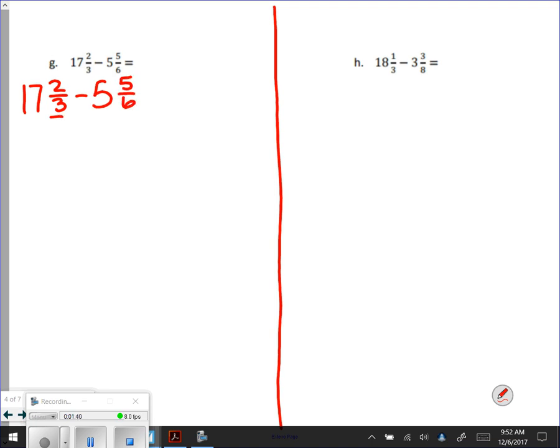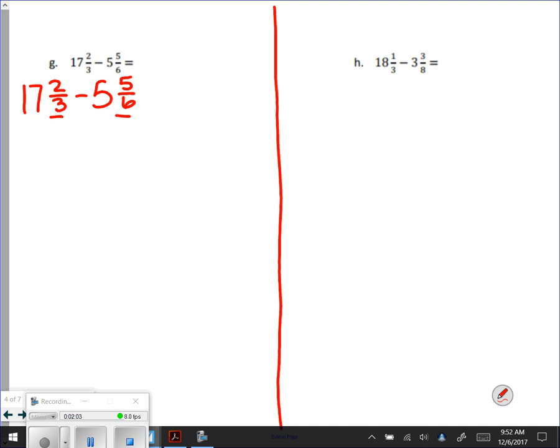Well, I know that I cannot subtract these because I do not have a common denominator. I need to find the common denominator. The best thing to do is find the least common denominator. Sure, 18 works because I can just multiply them together.